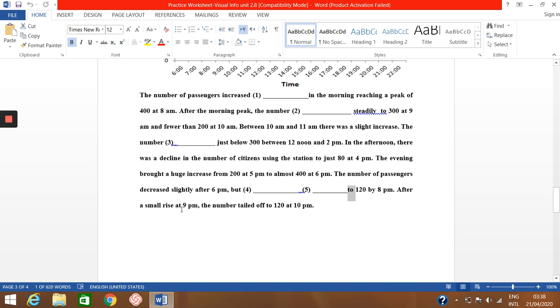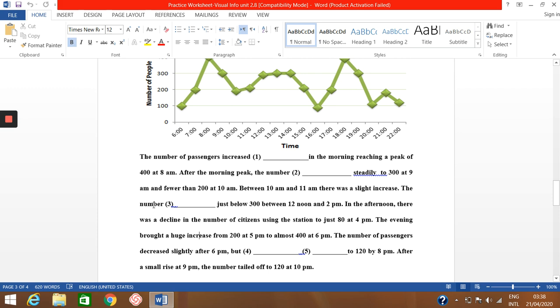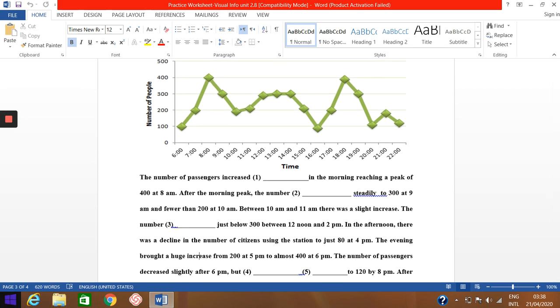After a small rise at 9 p.m., the number tailed off to 120 at 10 p.m. So this is very nice and sophisticated language used to describe these charts. And of course, since you are dealing with academic text, you should be able to deal with things in this way.